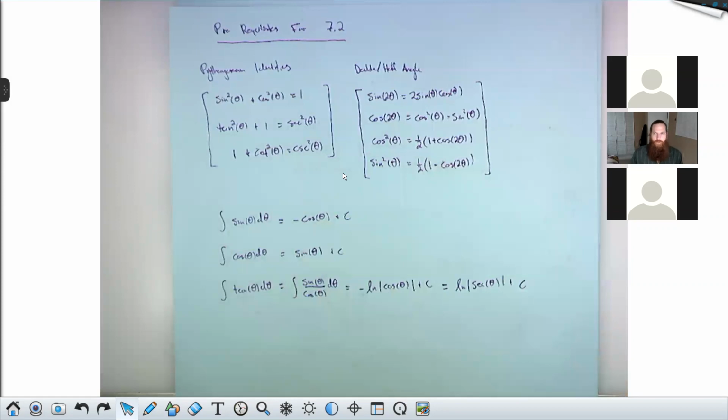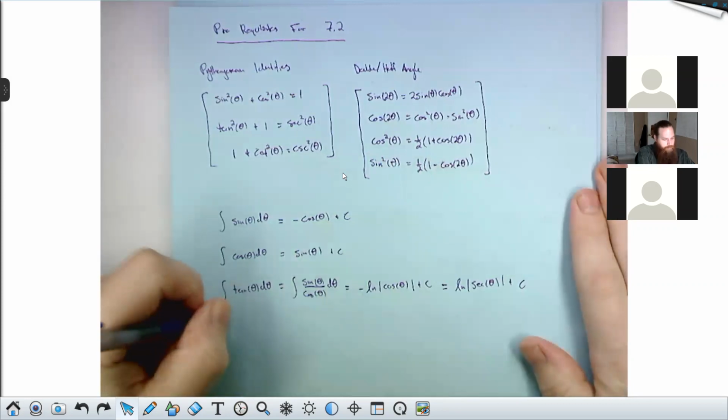So these three, of course, we need to know. If we're going to integrate all sorts of combinations of trig functions, integrating sine, cosine, and tangent is foundational. There's one other foundational integral here, and that's the integral of the secant function.